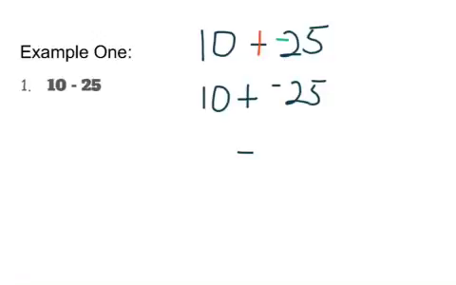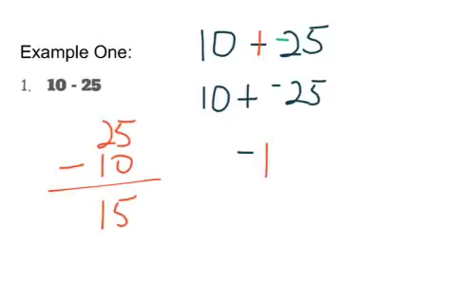If you think about it on a number line, if you're at 10 positives that move to the right, but then you have 25 negatives that move to the left, you're going to end up on the negative side. Well, so we know it's negative, but how do we define the value? Well, what we can do is just subtract the absolute values of these two integers. So we can take 25 and subtract 10, and when we do that, we get 15. So our answer is negative 15.